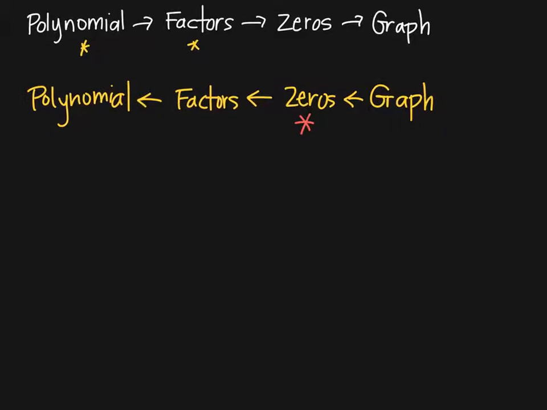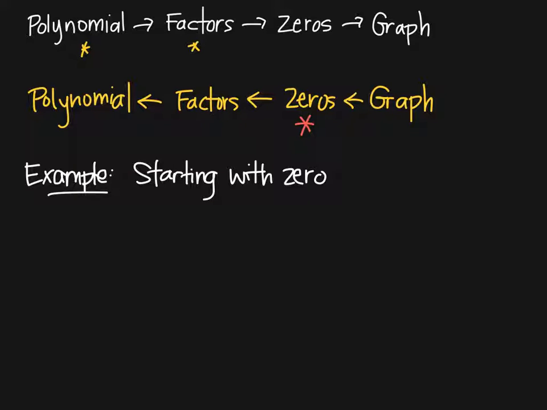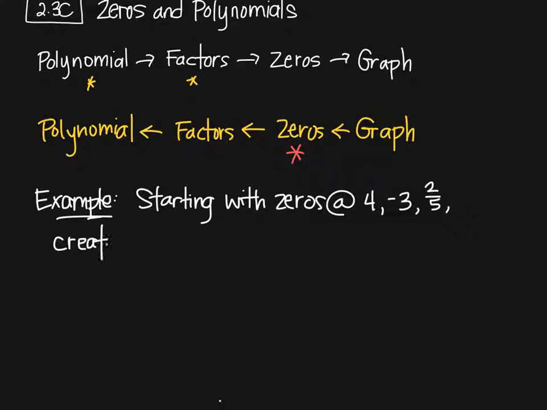So let's imagine that we're right there, and I'm going to give you an example. Starting with zeros at 4, -3, and 2/5, create a cubic polynomial.